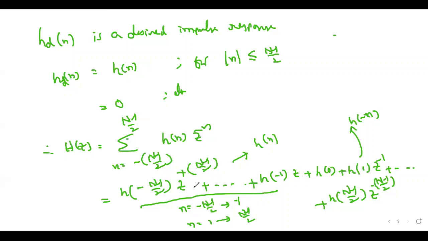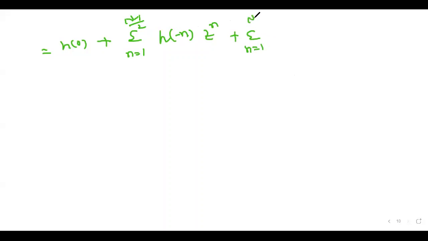I can write it in the summation way: this is equal to h of 0, the middle point, which I will leave, plus the summation n is equal to 1 to (N minus 1)/2 of h of minus n into z power n. And the second half is the summation n is equal to 1 to (N minus 1)/2 of h of n into z power minus n.